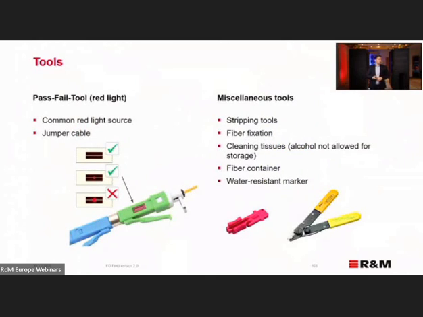And as I mentioned, there are no special tools in the toolset. You can find typical tools for fiber optic installation, like a stripper, a fiber cutter, and some cleaning wipes with alcohol to clean the fiber before termination.